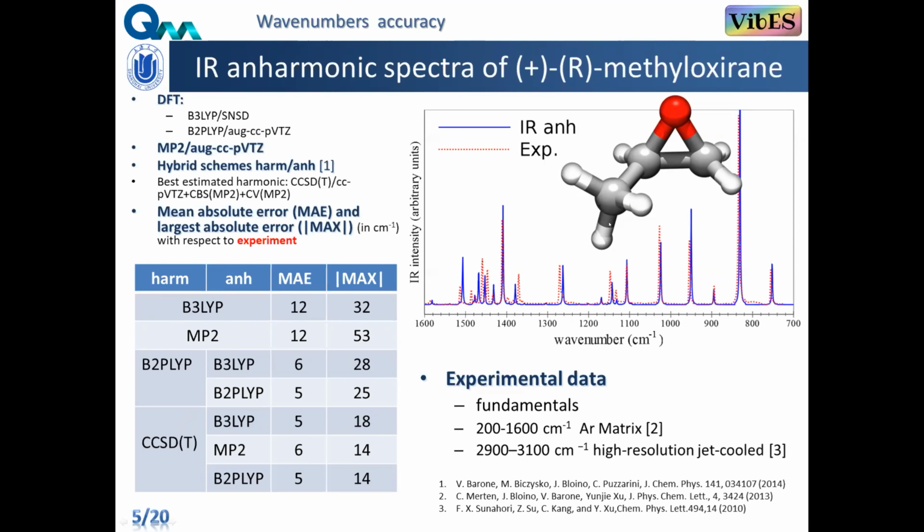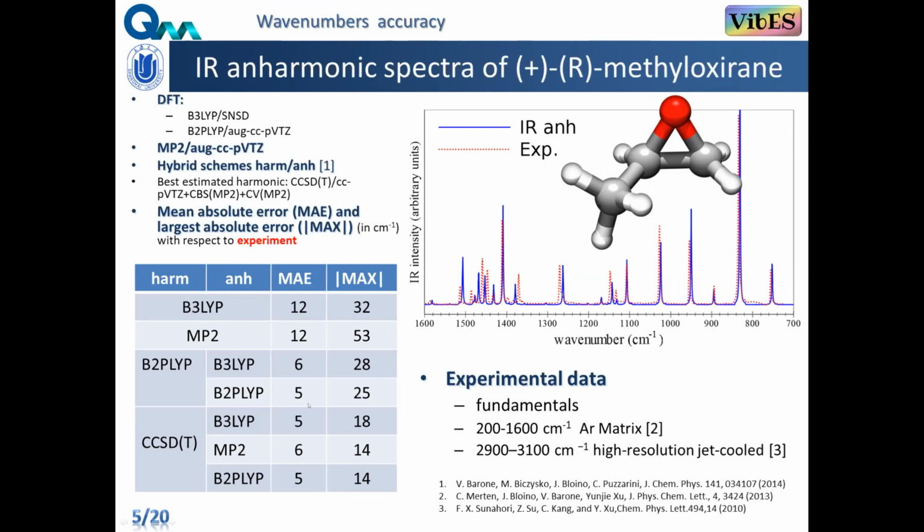And here is the case of methyloxirane, for which we can see how we are improving accuracy, moving from just DFT, represented here by B3LYP, MP2, to double hybrid functionals, and to the case when the harmonic part of the potential is corrected by coupled cluster with best estimates, also using composite schemes, including complete basis set and core-valence correlation.